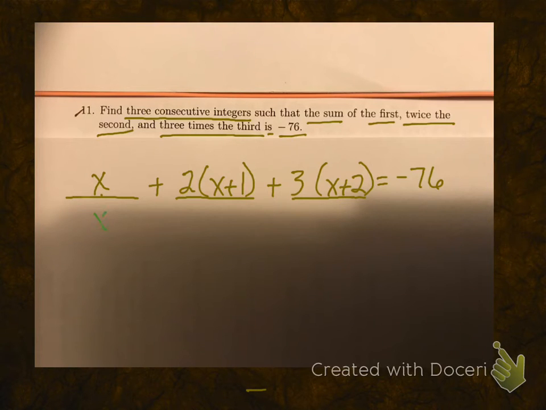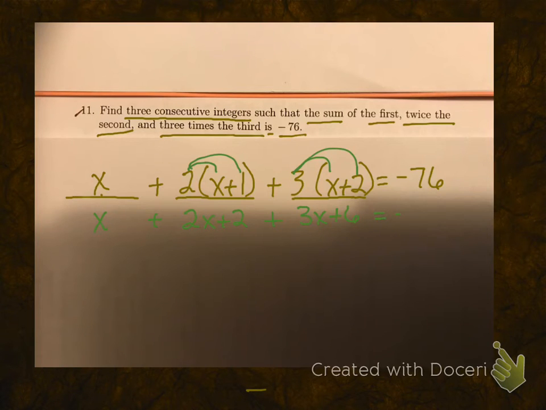Now, I've got x plus. I'm going to distribute my 2. That gives me 2x plus 2. Plus, I'm going to distribute my 3. So there's my plus 3x. And then 3 times 2 is 6.